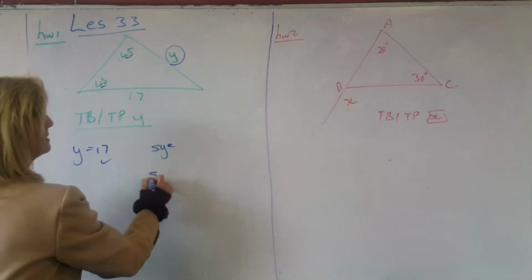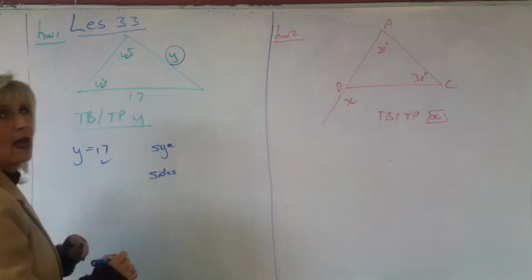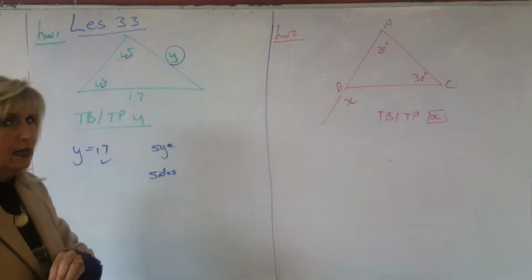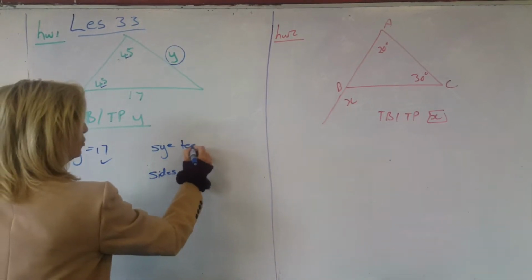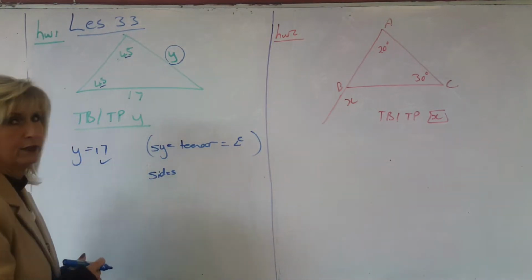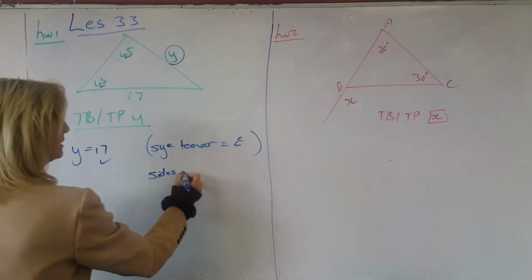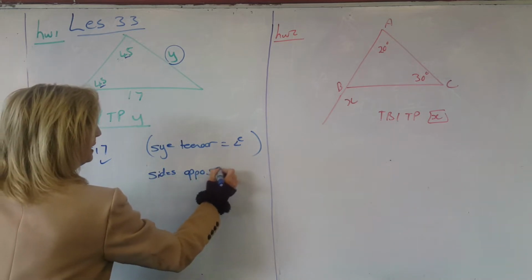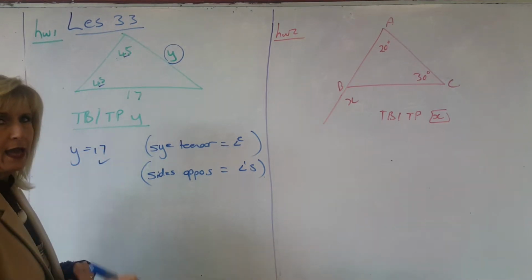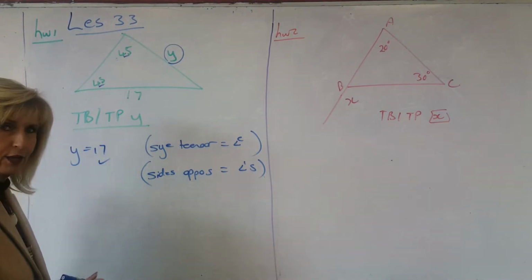This one will be sides opposite equal angles are equal. So dis baie belangrik. Hoeke teenoor gelyke sye en sye teenoor gelyke hoeke is nie dieselfde rede nie. Sides opposite equal angles are equal is not the same as angles opposite equal sides are equal.